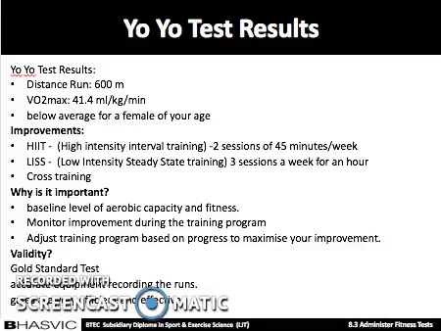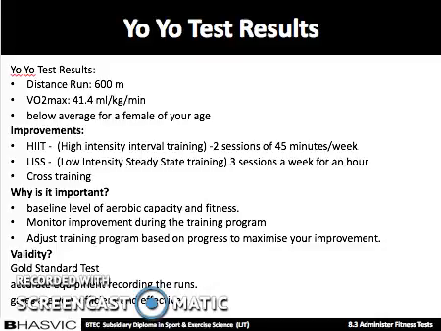Low intensity steady state training, LISS, can also be used to improve aerobic capacity. It is a steady working rate over a longer length of time, which is a lower stress form of training than HIIT, high intensity interval training, and is a good method to use alongside high intensity interval training for cross training.